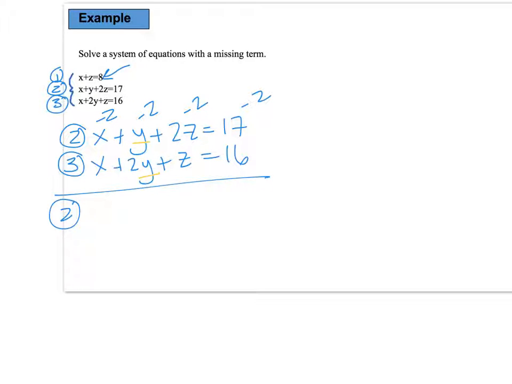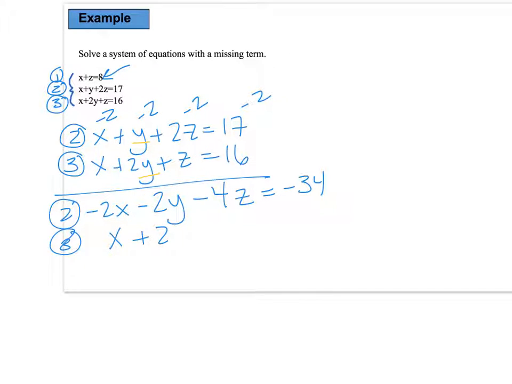So my new equation is going to be negative 2x subtract 2y, oh, not plus, negative 4z equals negative 17 times 2 is going to be negative 34. And then equation 3 is x plus 2y.